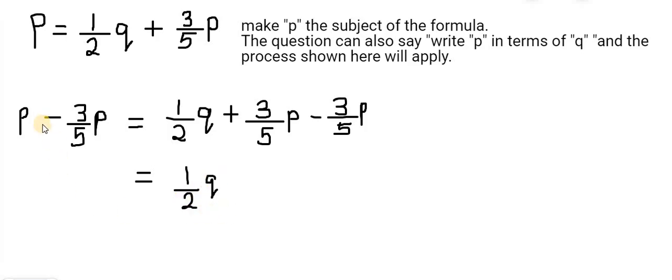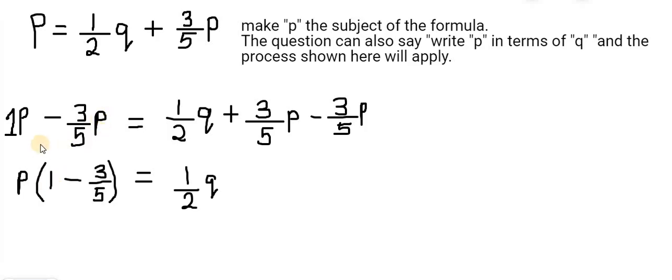Now, here, I'm going to expose something that I didn't show before. P can also be written as 1p. So I factorize p out, because there's p in two places. And all I have in the bracket is 1 minus 3 over 5. When I take p out of here to factorize it, only 1 is left.